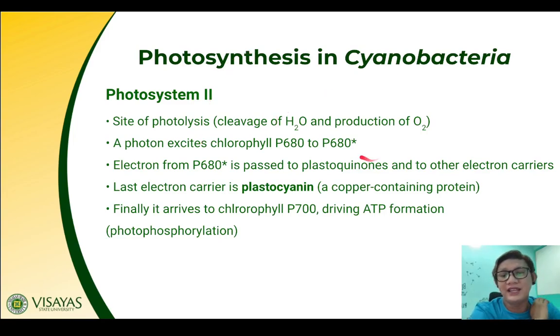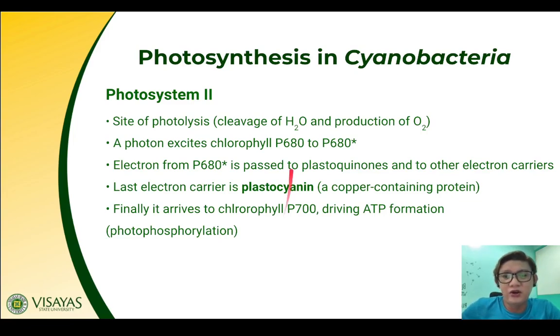A photon excites chlorophyll P680 to P680*, meaning it has already released its electron. The electron is passed to plastoquinones and other electron carriers, and the last electron carrier is plastocyanin, which is a copper-containing protein.